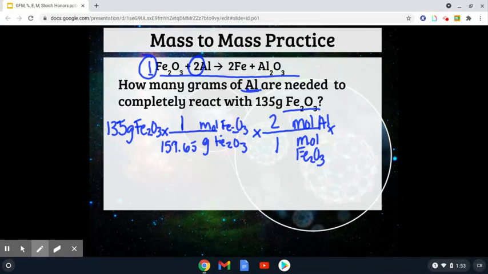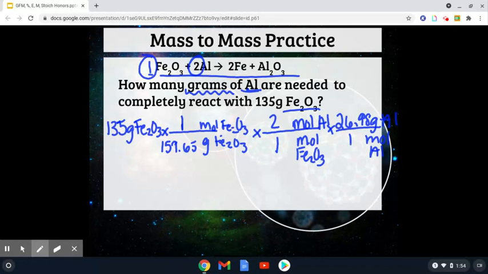And then last but not least, I want to get into grams of aluminum. So I'm going to have moles of aluminum on the bottom, grams of aluminum on the top. If I look on the periodic table, aluminum has a gram formula mass of 26.98 per 1 mole.